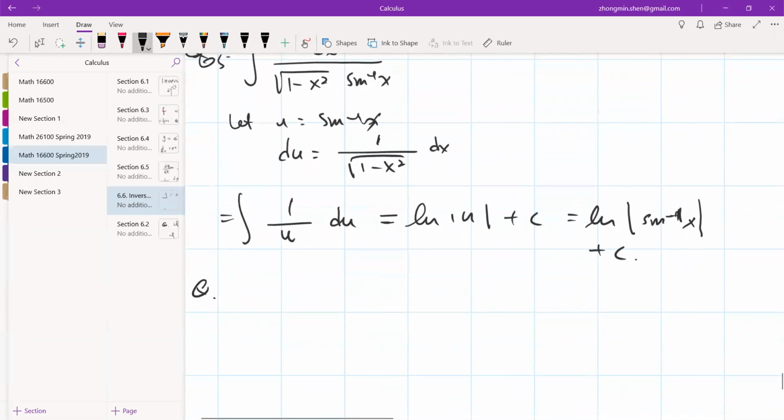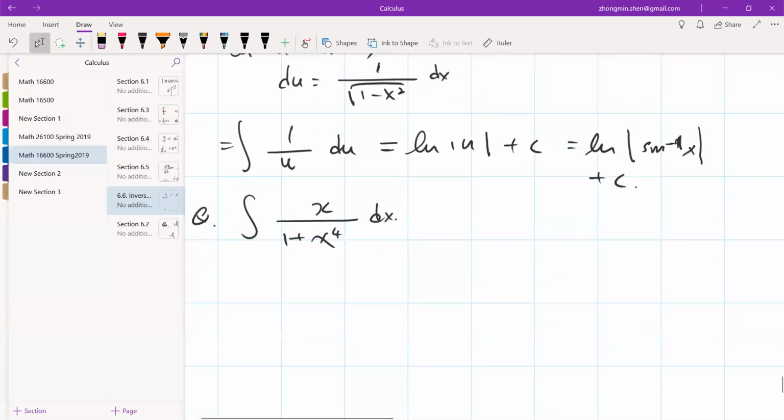Next question. I want you to try this. All right, so you compare with this integral, right?